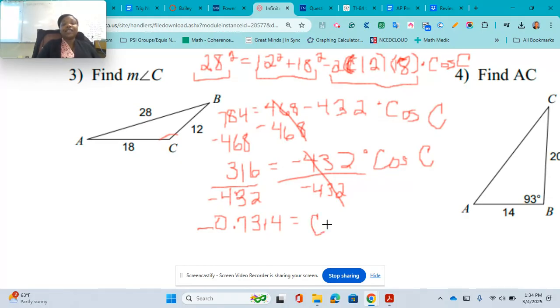We are trying to get the angle. So what type of cosine do we use? The inverse cosine. So we have to use the inverse cosine of our answer, negative 0.7314.